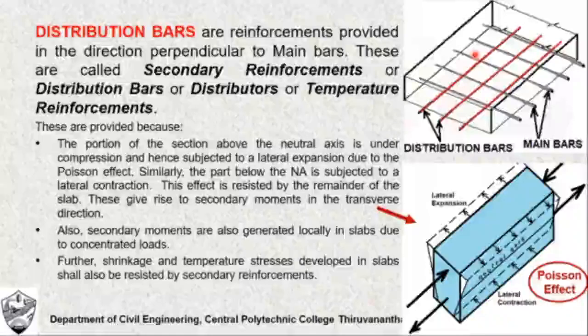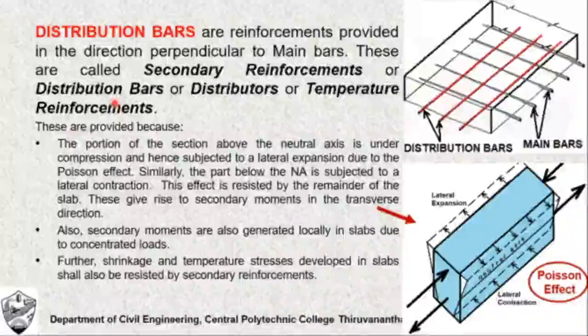To distribute such loads to the main bars, you need some distribution bars. So that is exactly why we call them distribution bars. To distribute the local stresses and secondary stresses developed due to heavy loads applied on the slabs, we need some means to distribute such loads to the main bars.